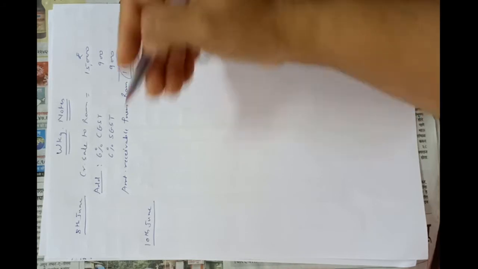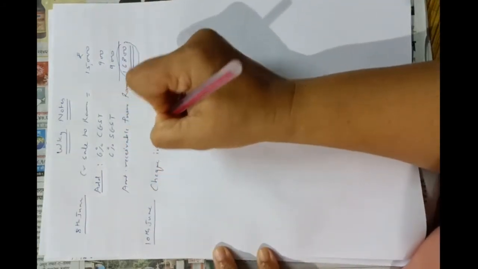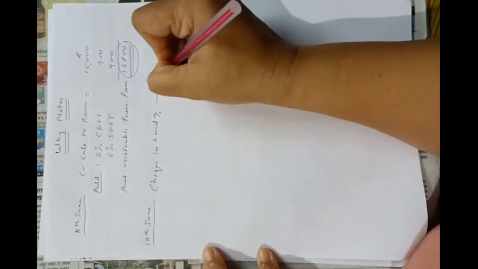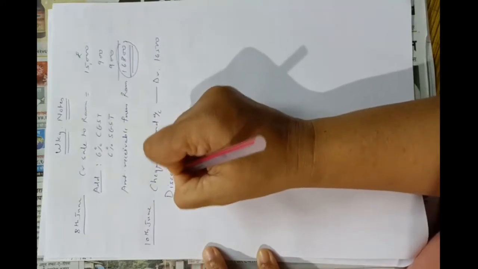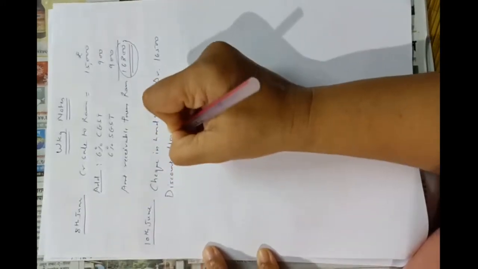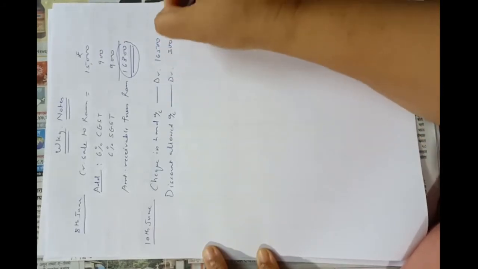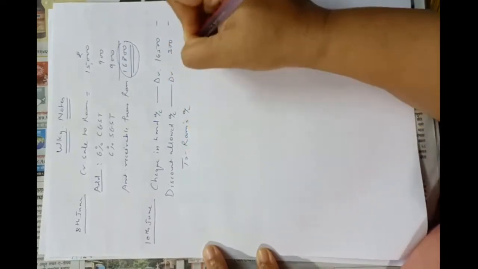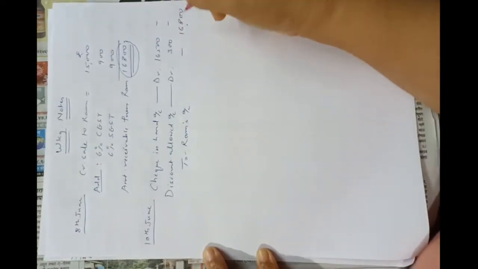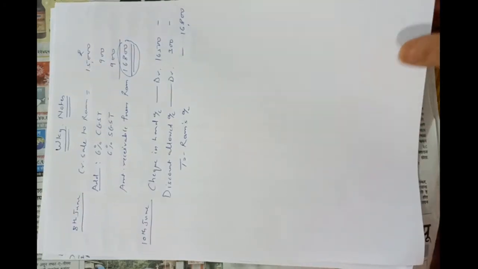So the entry will be as usual, check in hand account debit 16,500, discount allowed account debit 300, to Ram's account 16,800, in full settlement of 16,800. Understood? So we have passed one entry in working note on 10th June.